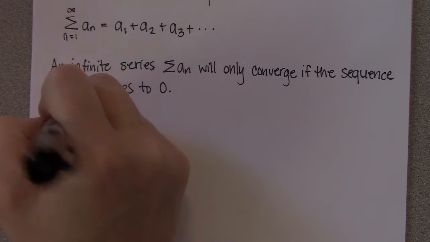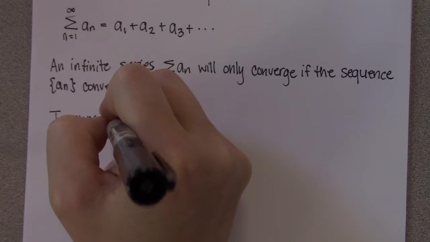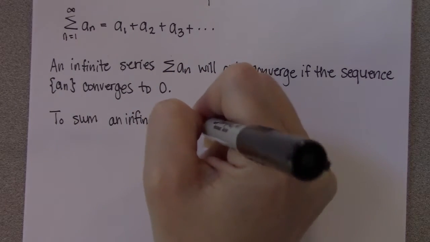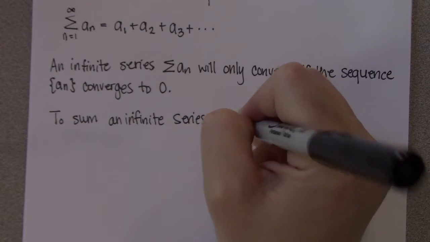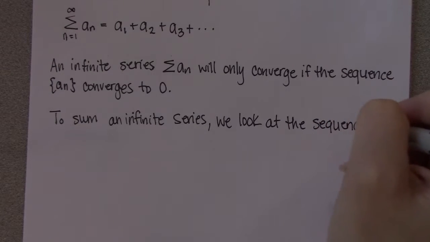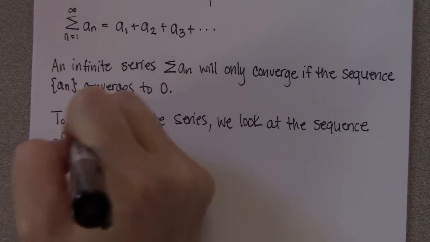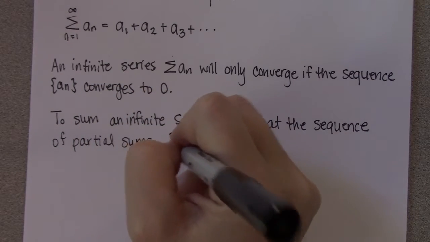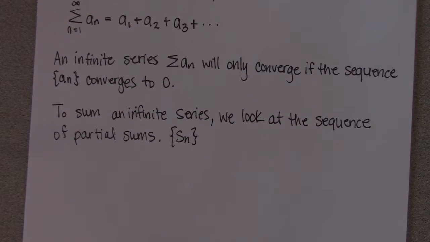So to sum a series, when we look at a new series we've never seen before, we don't really know any of our obvious tells yet, but we have some clues on whether or not we can determine if it diverges or converges.